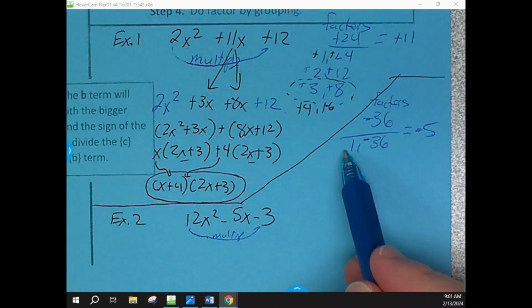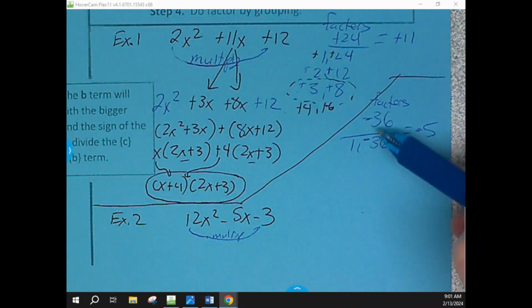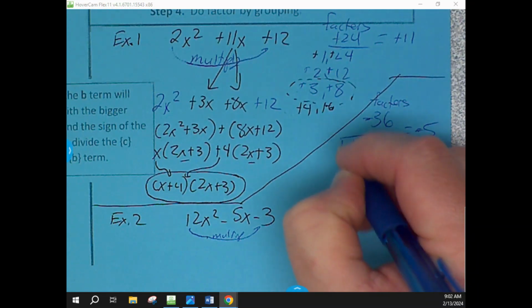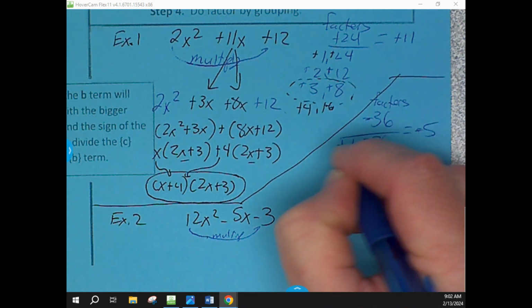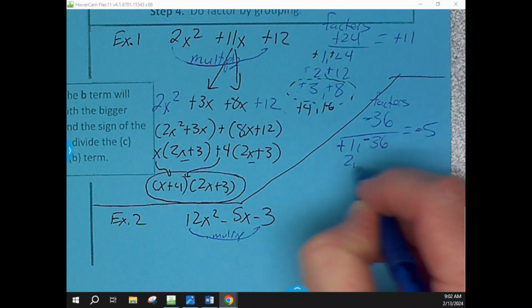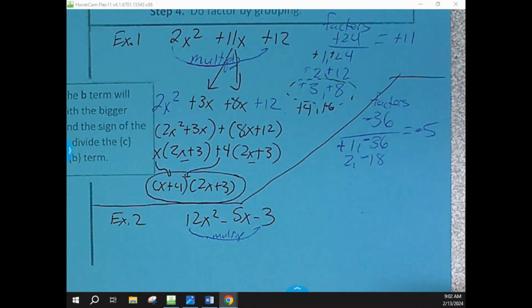To find this sign, we're going to divide these two numbers. What happens when you divide a negative 36 by a positive 1? Negative, right? So anytime we're doing these, if we do 2 and 18, the bigger factor will always be negative, the smaller factor will always be positive.